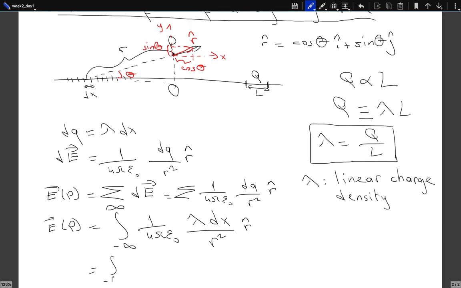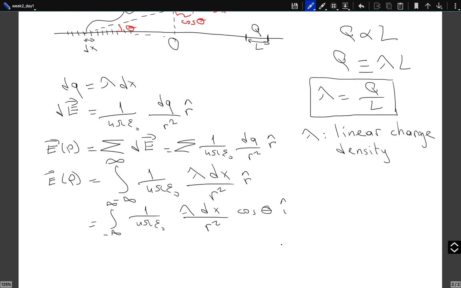This is equal to, from minus infinity to infinity, 1 over 4 pi epsilon 0, lambda dx over r squared cosine theta in the i hat direction, plus from minus infinity to infinity, 1 over 4 pi epsilon 0, lambda dx over r squared sine theta in the j hat direction.